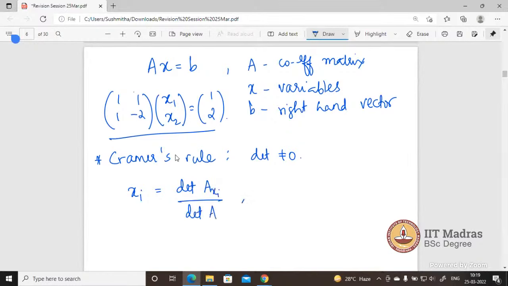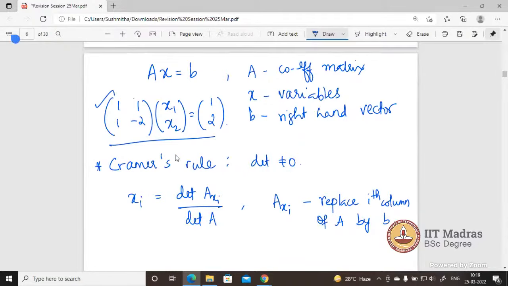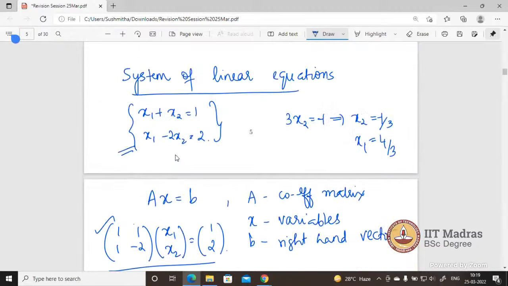And what is Axi? Replace the ith column of A by b. So in this matrix, I already know the solution for the system. What is it? 4 by 3 comma minus 1 by 3 is the solution.